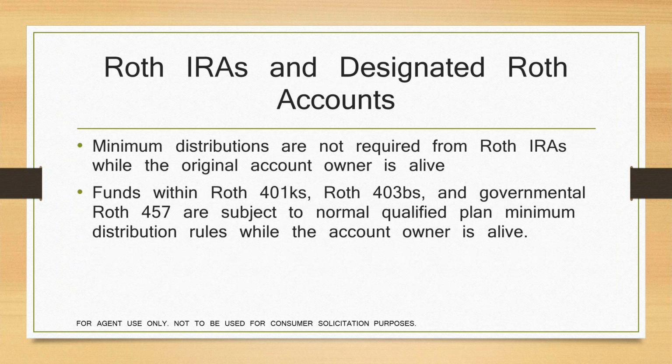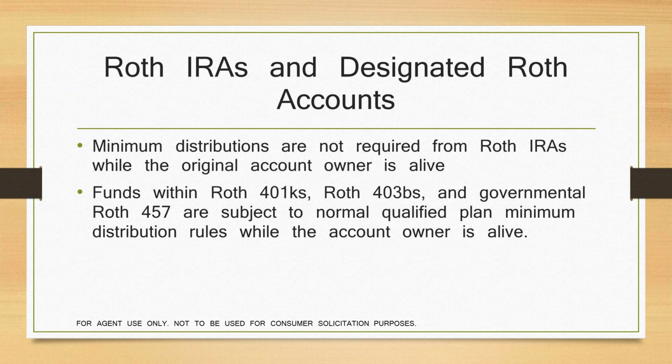And one other thing I think that's important to understand is that Roth IRAs and designated Roth accounts are treated differently, not only for certain income tax results, but also with regard to RMDs. So for a regular Roth IRA, minimum distributions are not required while the original account owner is alive.